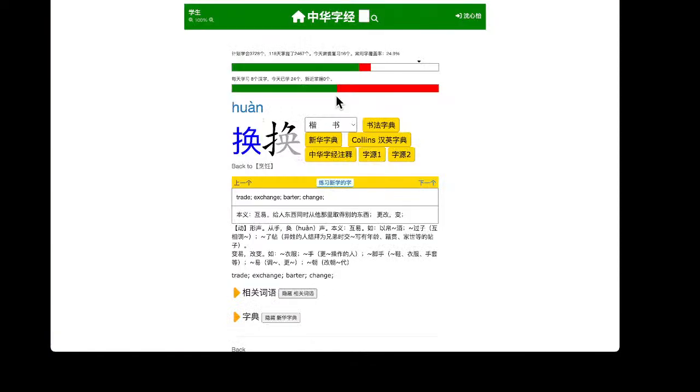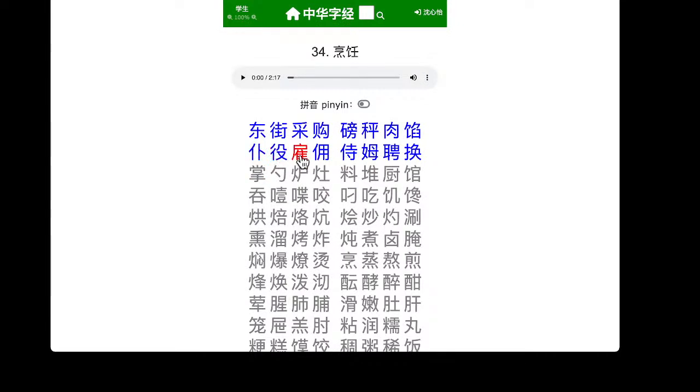Right, let's take a look at this sentence. 仆役雇佣，嬷母聘换. 仆役 all refers to servants. 雇佣 means hire.